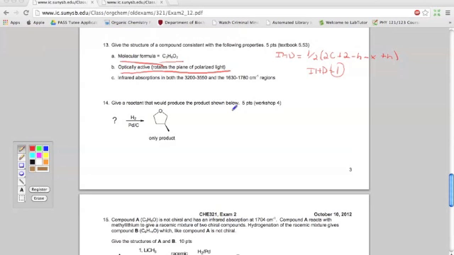And it also says you have absorptions at 3320 and 1630.